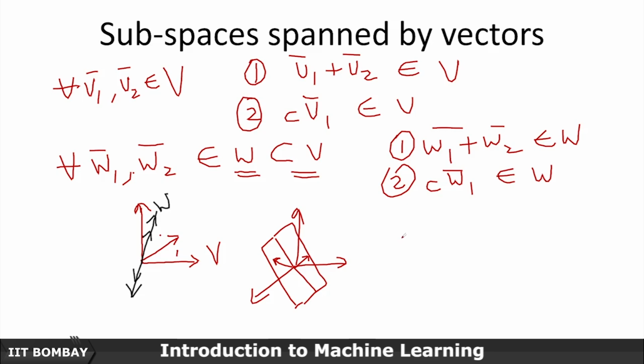So let us say these two vectors are W1 and W2, then alpha 1 times W1 plus alpha 2 times W2 will give me any vector that lies on this plane. So then W1 and W2, as long as they are not collinear, that means one is not just a scalar multiple of the other, these two vectors will span the entire subspace which is capital W.